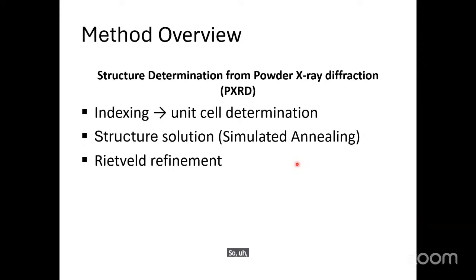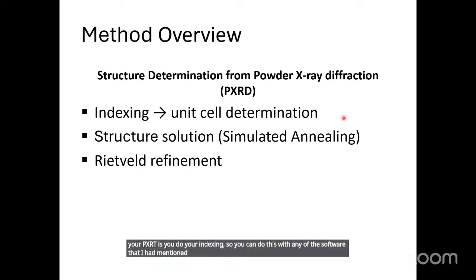So just to run through the structure determination, once you have a decent level of quality of your PXRD, you do your indexing. You can do this with any of the software that I mentioned, like TOPAS.